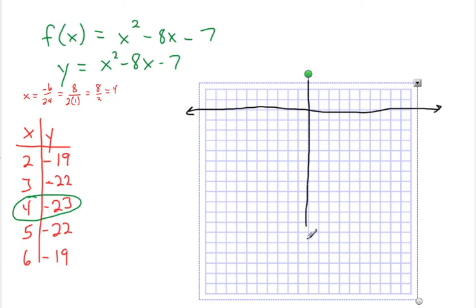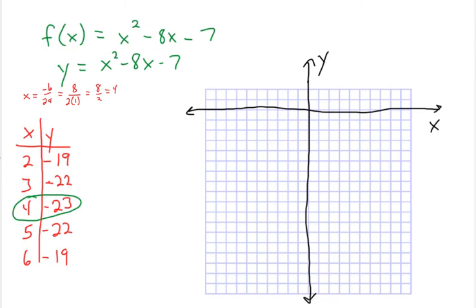Y-axis, there we go. X, Y, let's get rid of that. Okay. So if we're going by 2's, this is going to end up being 4. This will be 4. So let's use green here.